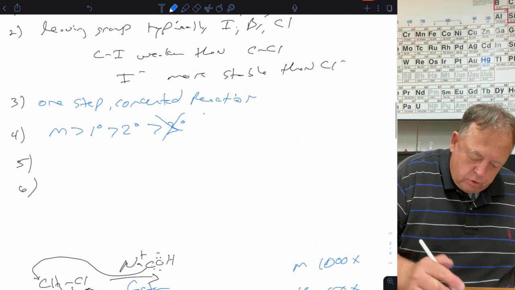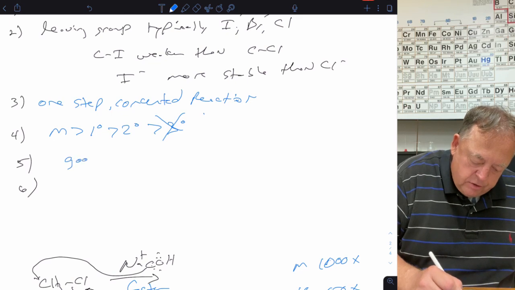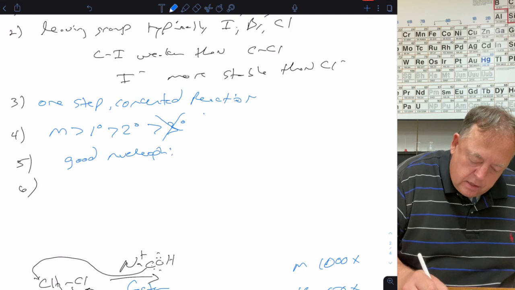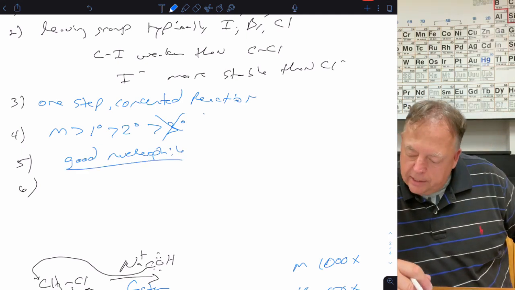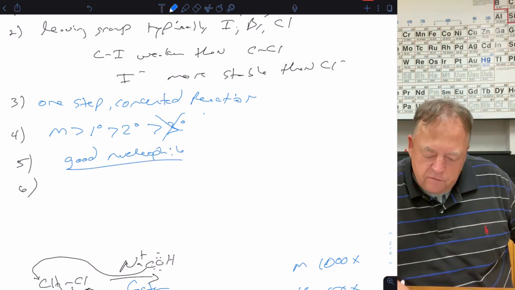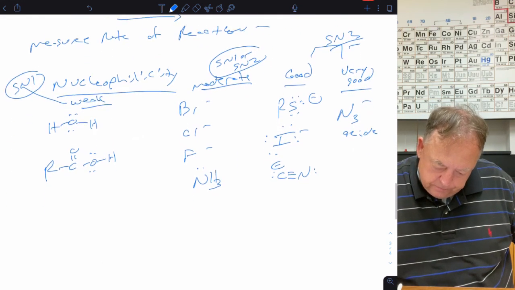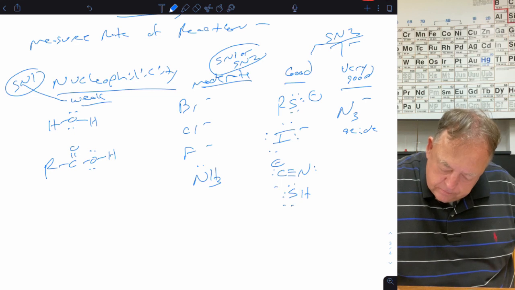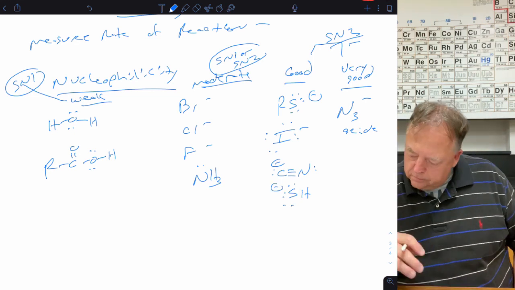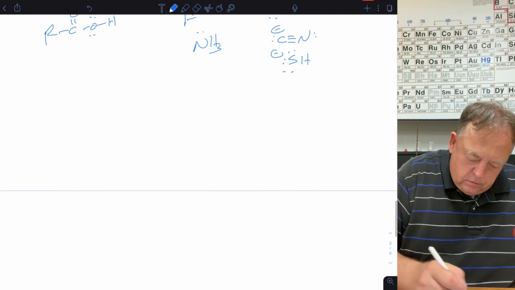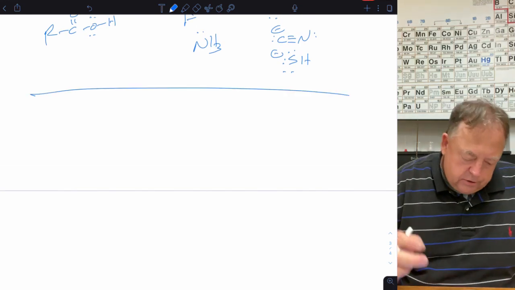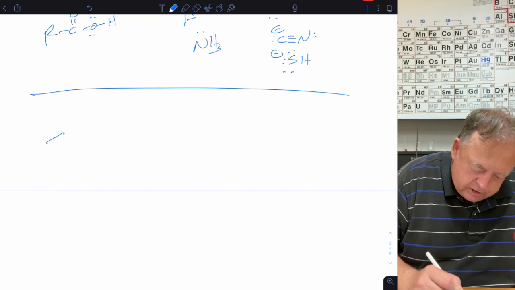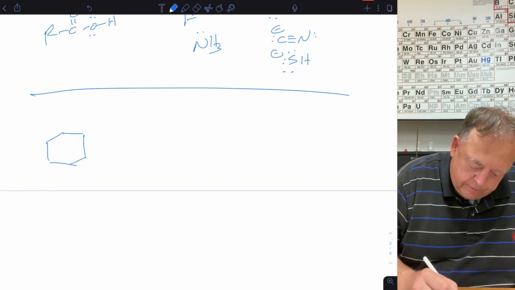Okay, so for an SN2 reaction, you generally have a very good nucleophile, and so you just have to memorize what are good nucleophiles and what are not good nucleophiles. So we could put SH on this list as well. Let's just look at a few examples right quick to get you accustomed to predicting products for these types of reactions.